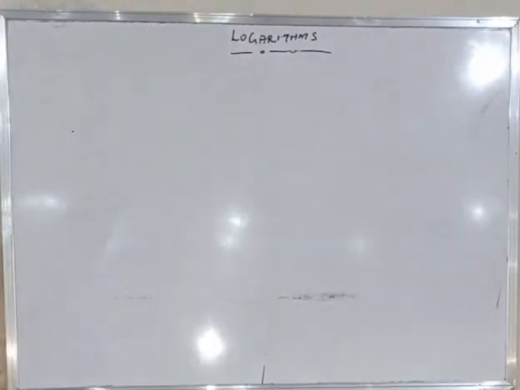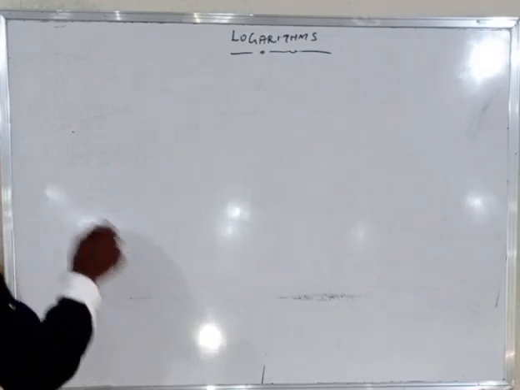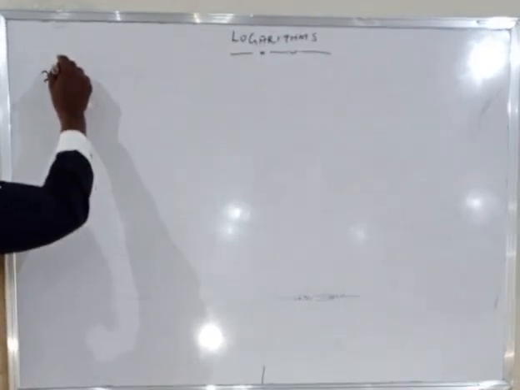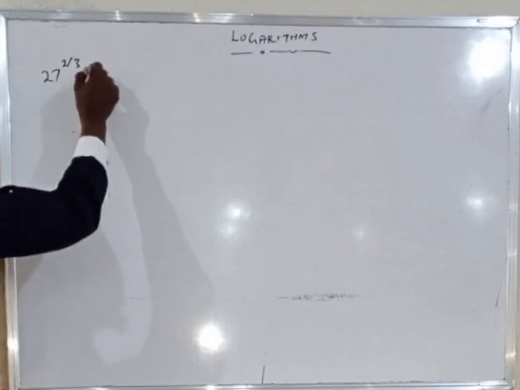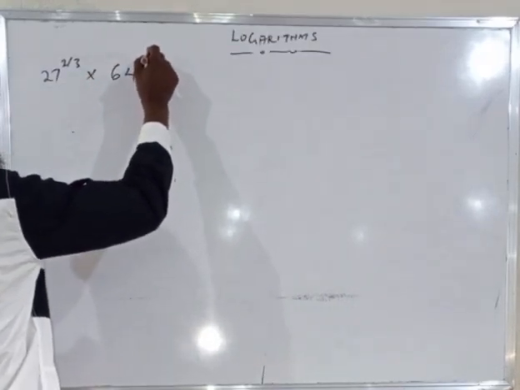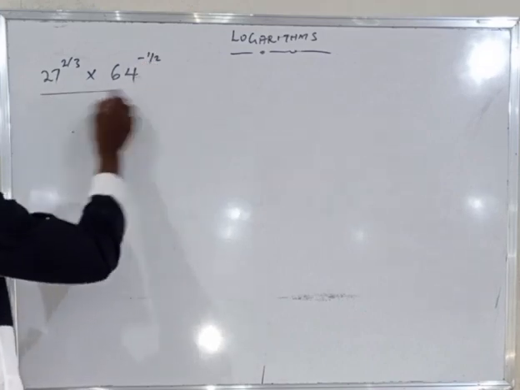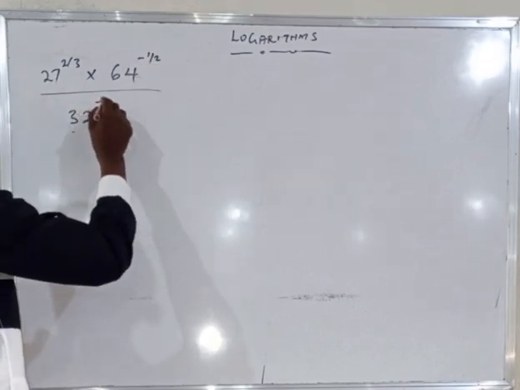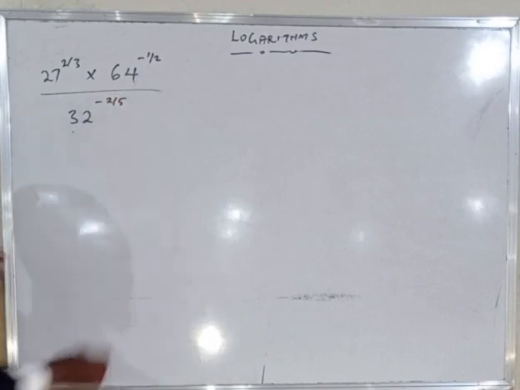Okay, the second question is, both are very simple. 27 raised to the power 2 over 3, times 64 raised to the power minus half, over 32 raised to the power minus 2 over 5.